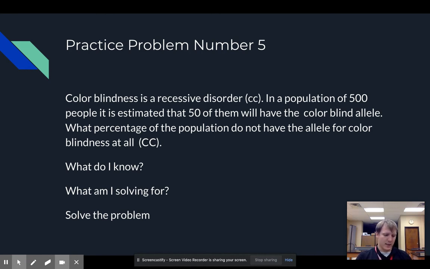So in this case, I'm solving for my homozygous dominant, and my variable for that is P squared. Okay, so I don't know P yet, or if you paid attention in the last question, we solved for P. P was equal to 0.9.